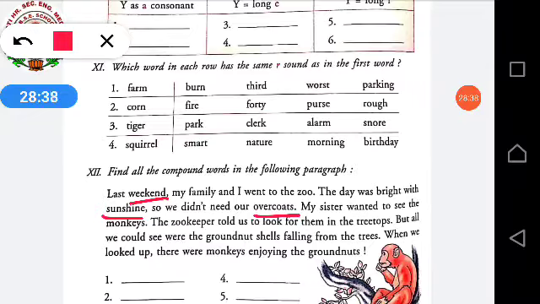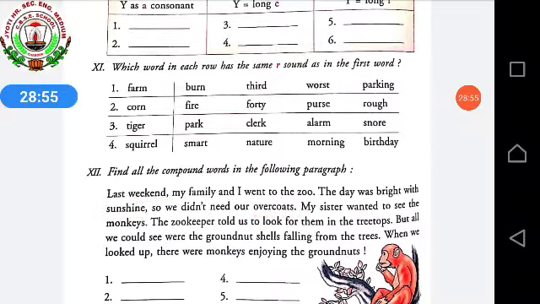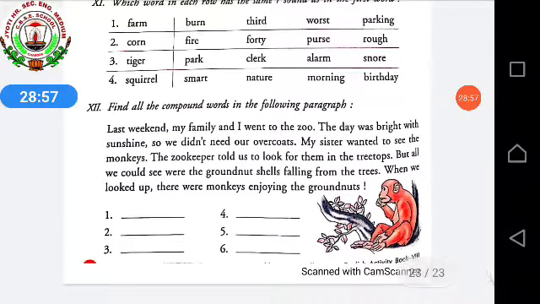Overcoats. Over means up, top, and coat means a normal coat. Overcoats means the coats which we wear over our dress. In the same way, you have to search out the rest of the compound words present in this paragraph and fill up these places. I hope you all understood.